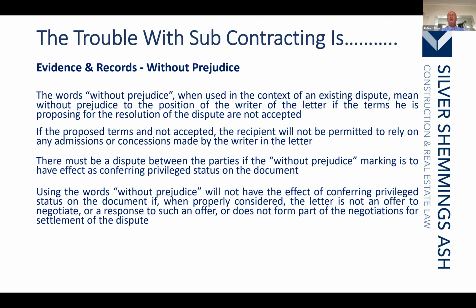But the point is you can only use the heading without prejudice effectively where it refers to negotiations. So in other words, if I say to you, you're useless on a without prejudice basis, it's not without prejudice, and it is an open letter because it's got nothing to do with negotiations.